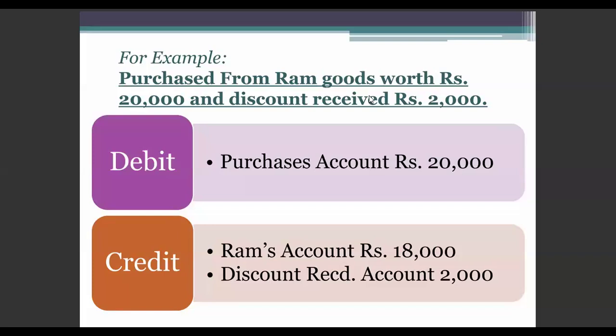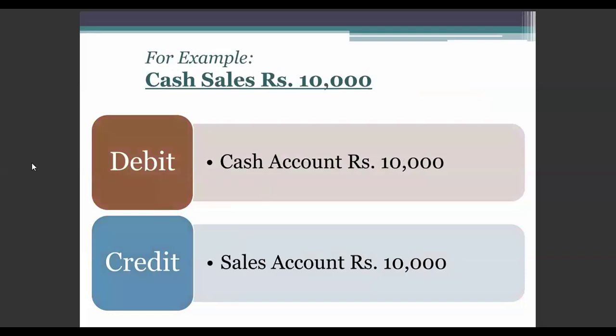In case of the earlier transaction, we have only two accounts. One is a debit and second is credit. This is called a plain transaction. Now, what is the difference between this and the above transaction? Here we have a cash and sales account. Only two parties are there.